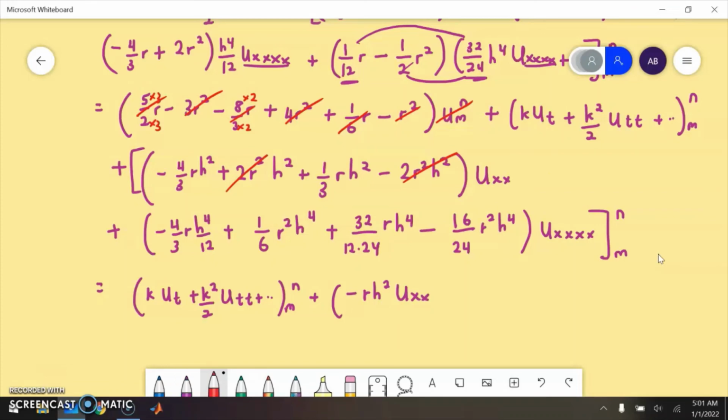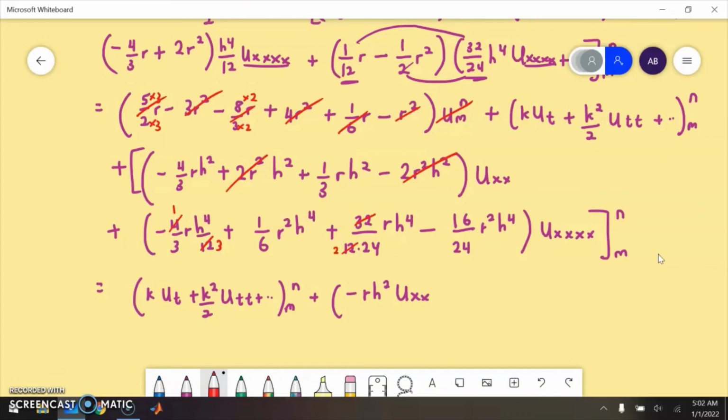Okay. For this term here, let's see what do I have. We can simplify some of the terms here, which is 4 divided by 4 is 1, 12 divided by 4 is 3. And then what about this one? 12 divided by 6 is 2, 32 divided by 6.